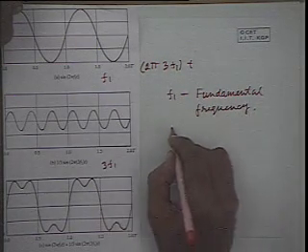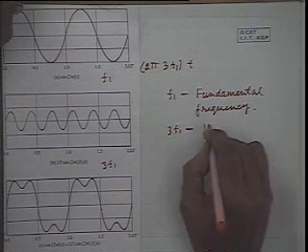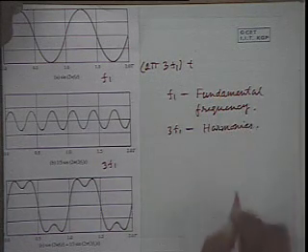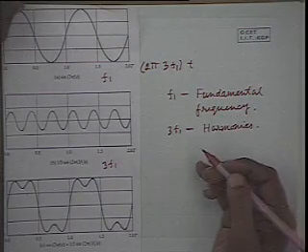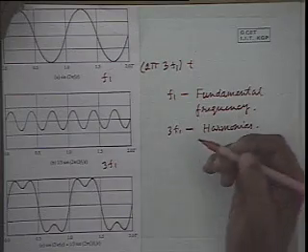The other frequencies, say 3f1, can be represented as harmonics. We can have other harmonics as well, say 5f1, 4f1, 6f1, and combine them together.